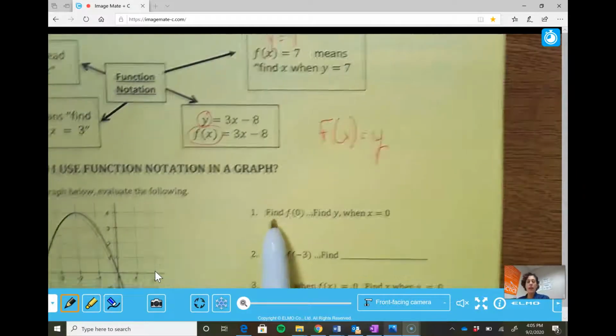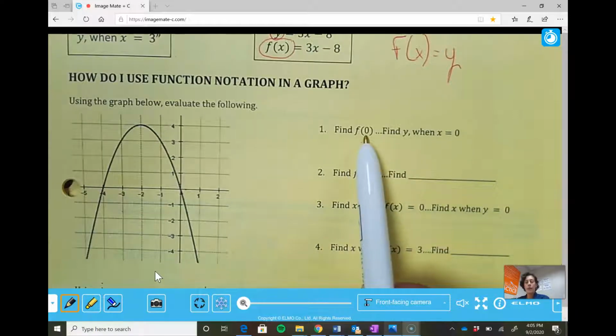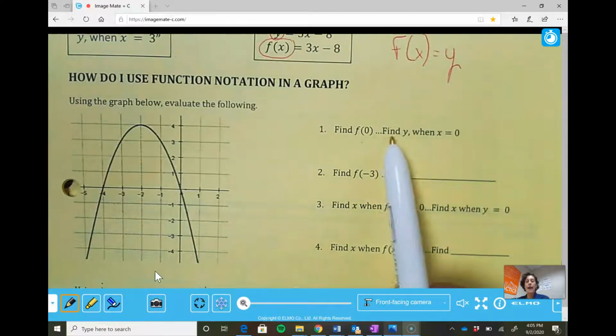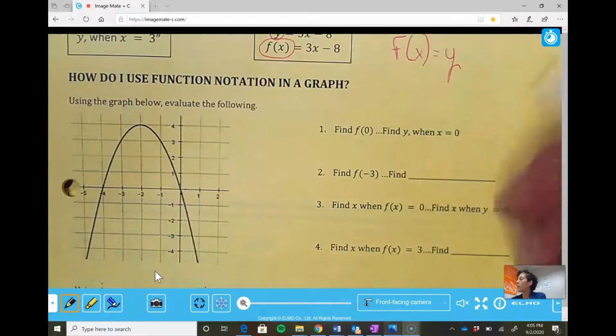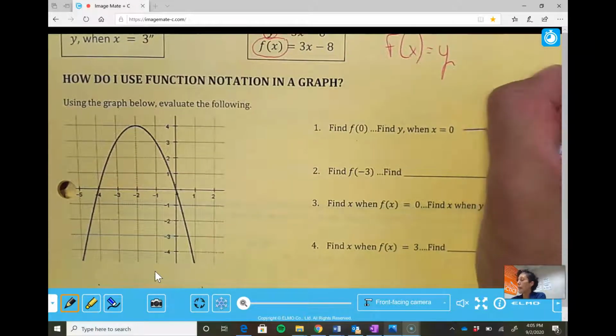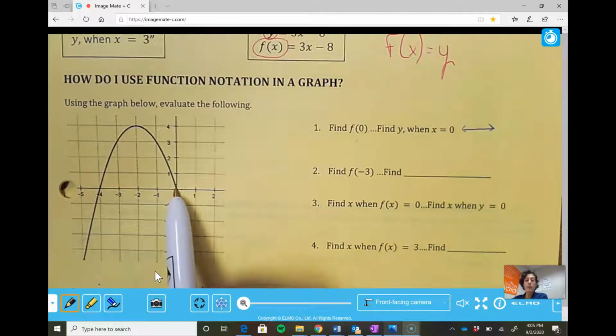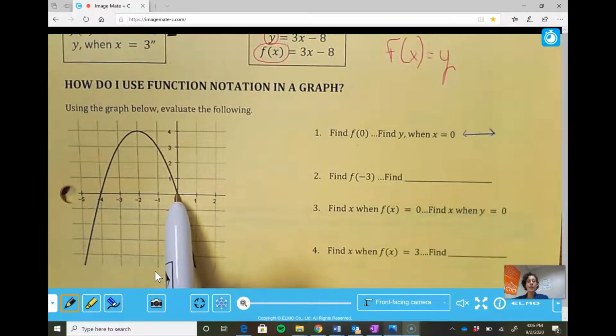So just a reminder, this is a quadratic, f of 0. What this is saying is find y when x is 0. So remember in those first videos, x tells you to move left or right. So if I always start at the center, I'm supposed to go left or right. Well, 0 means I don't move left or right. So instead, I need to move up or down to get to the graph.